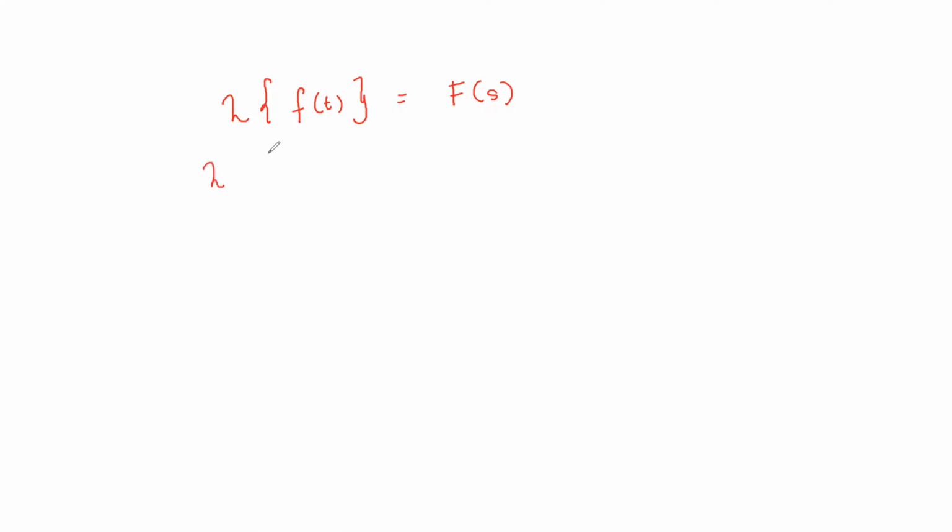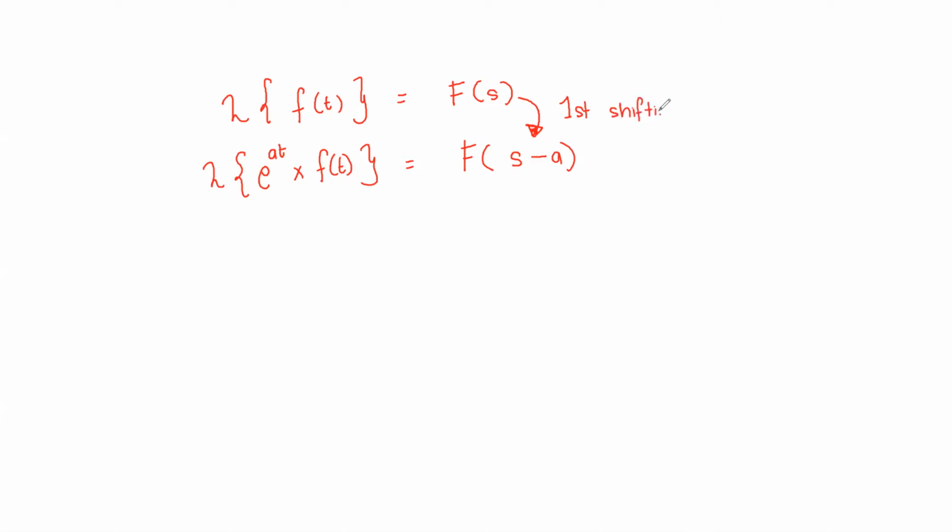But if this function in the time domain is multiplied with a kernel, such as exponential to the power of at, the function in the spatial domain will be shifted by s minus a. So this is what is meant by the first shifting theory of Laplace transform.